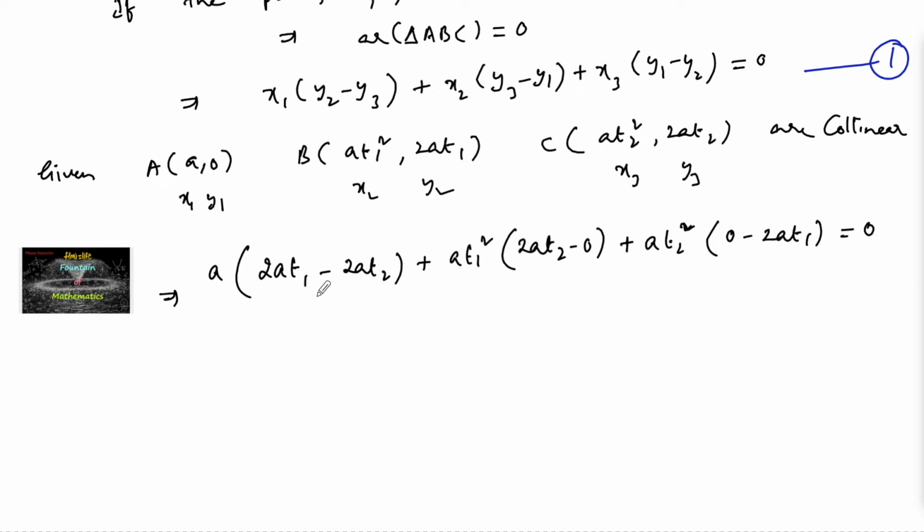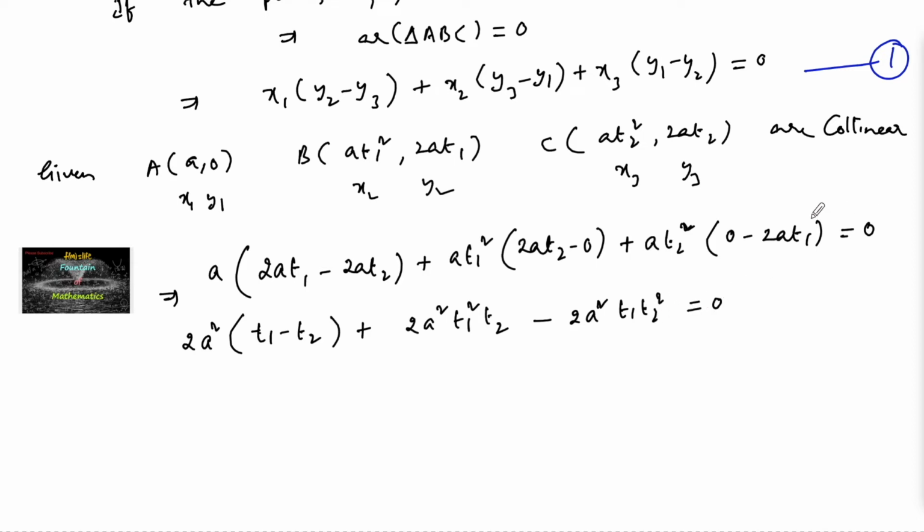Here we can take 2a common, so 2a into a: 2a square of (t1 minus t2) plus 2a square t1 square t2, minus 2a square t1 t2 square, is equal to 0.